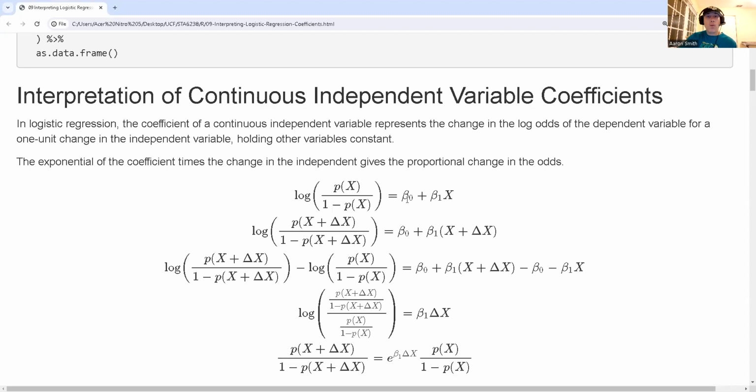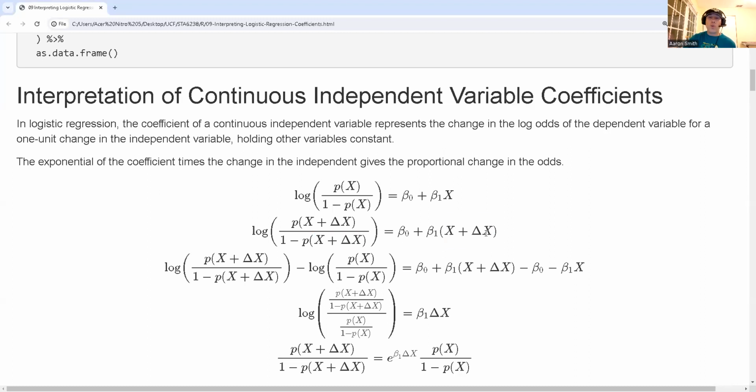Okay, and so to interpret our coefficient, I'm going to consider what happens if I change x. I'm going to consider changing it by delta x, the change in x. Now if I take this equation and I replace x with x plus delta x, I get this equation. You can see that I've got a modified value of x here and here.